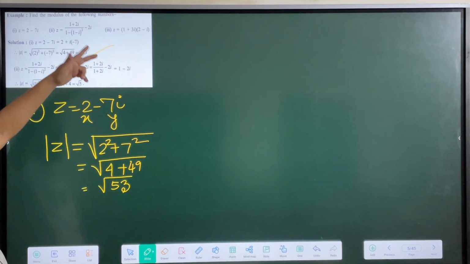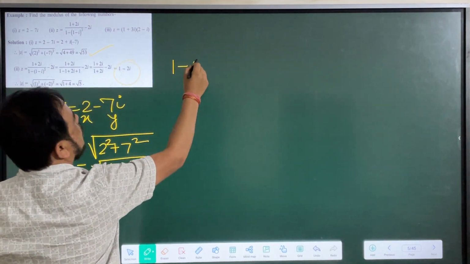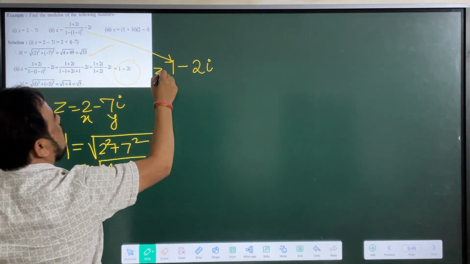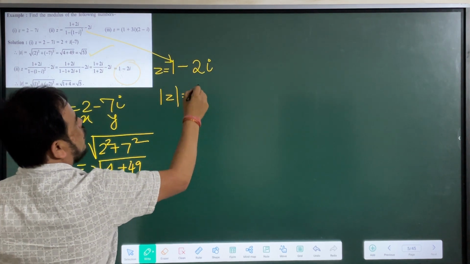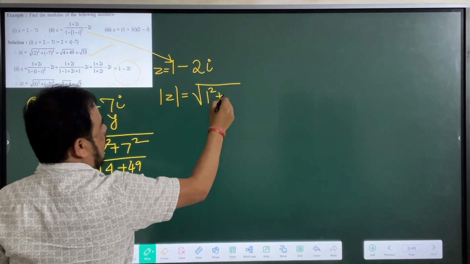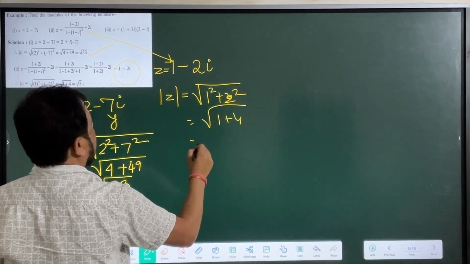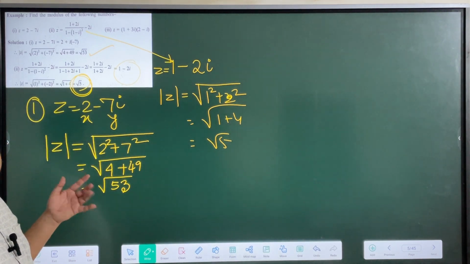This conversion you already know, I already taught you. After doing the calculation of number 2, we get z equals 1 minus 2i. So the modulus of z is directly the square root of 1 square plus 2 square. So that is root 5. You can check it yourself.